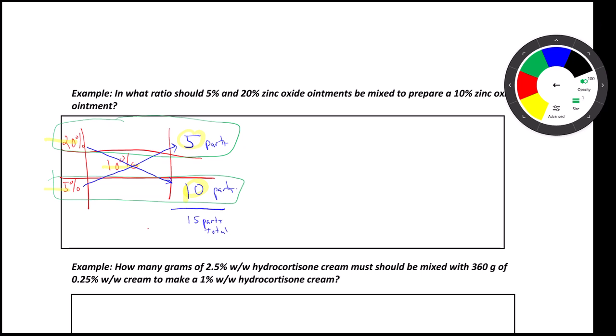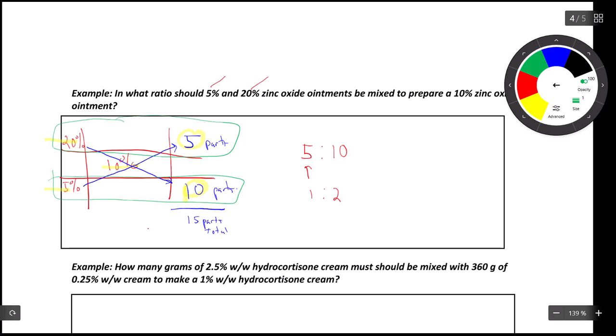So the ratio is the amount of zinc oxide, 5 and 20%. Well, we have 5 parts of the 20 to 10 parts of the 5%. We always like to keep this number being 1, so this can be a 1, right? 1 to 2 ratio.